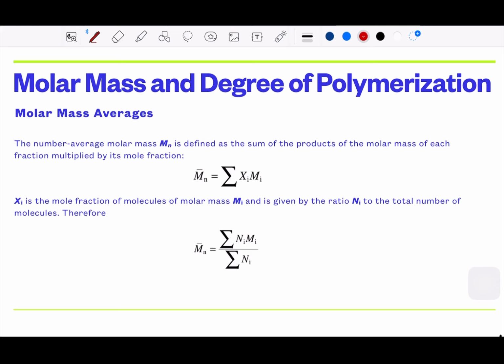So the number average, that you see from the previous graph, is the sum of the fractions of some substance i multiplied by the molar mass m. So these are the molar fractions, and this is the molar mass.